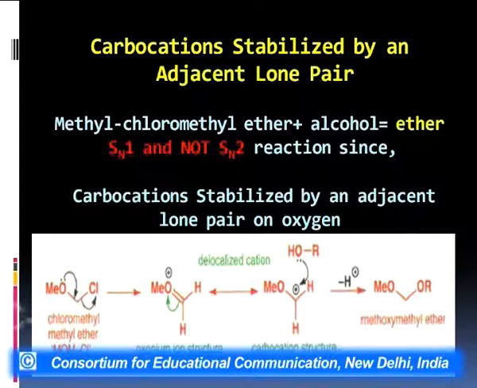So we have an oxonium ion structure, or we can have a carbocation structure. If we have a carbocation here, then the alcohol molecule will react at this site, and what we get here is a substituted ether, that is, a methoxymethyl ether. But in this reaction, again what we've seen is that if the group attached at the alpha carbon has a lone pair of electrons, then it also stabilizes the carbocation through resonance, thereby increasing the chances of SN1 mechanism.